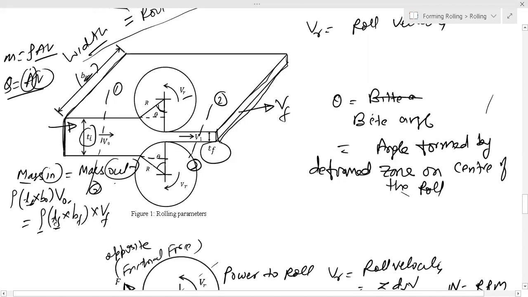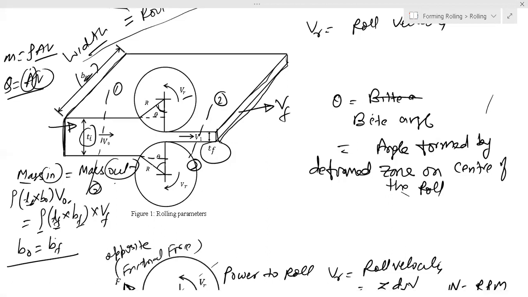So T final into V final. Generally, there is no change in breadth, because the purpose here is to change the thickness by increasing the length of the material. Spread, we are not interested in spread. We are not interested in a breadth change.